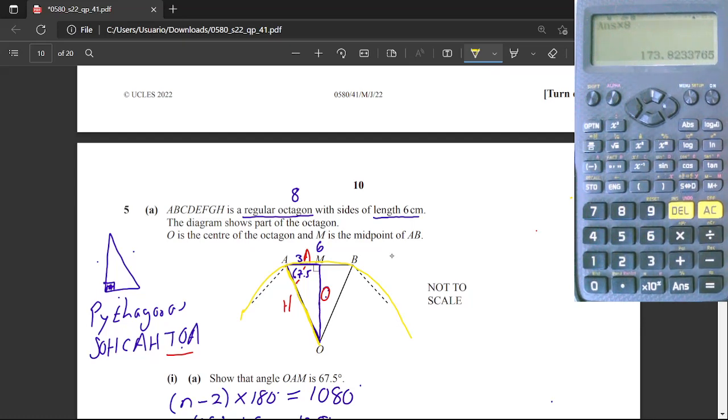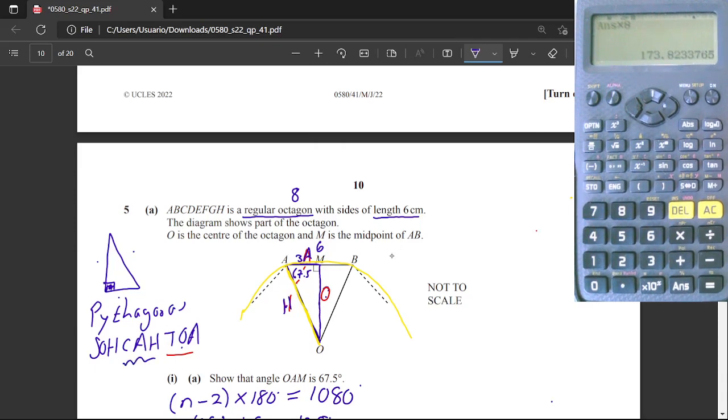To be more accurate, I'm going to use the values that they've given us, the 67.5 and the 3 again, and this time we are using the adjacent and the hypotenuse.